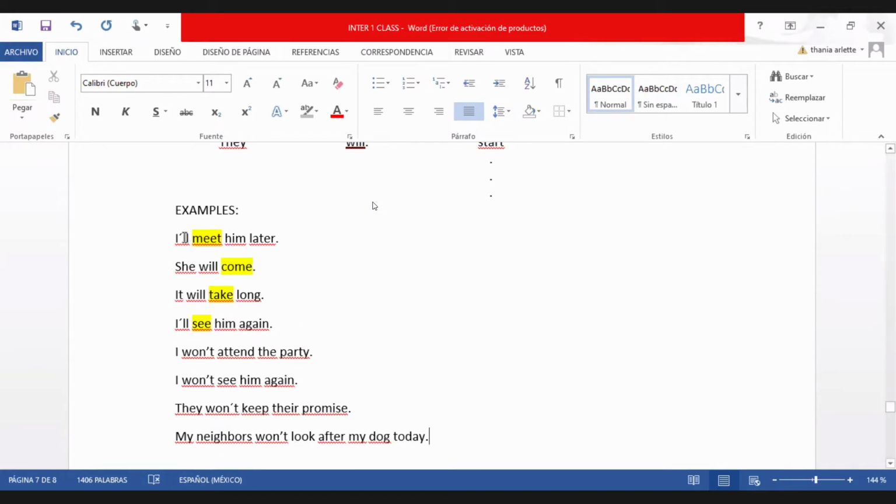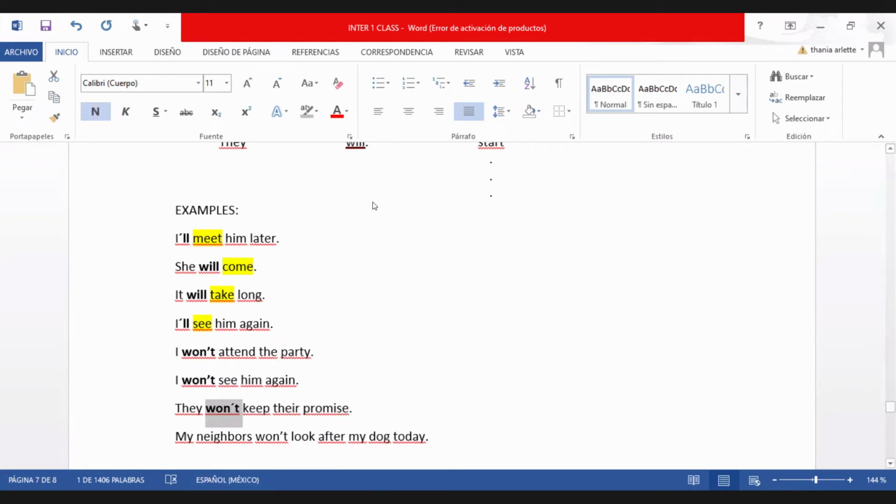The same. Well, just that in affirmative we used will. I'll meet him. She'll come or she will come. It'll take long. Affirmative. I'll see him again. Negative: I won't. They won't.